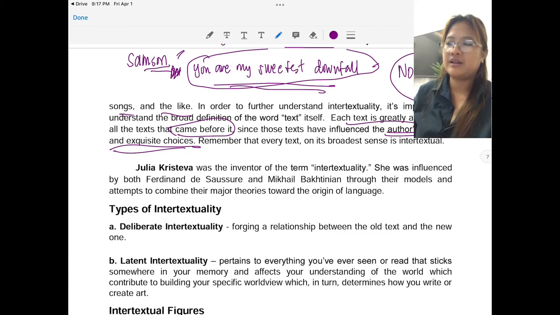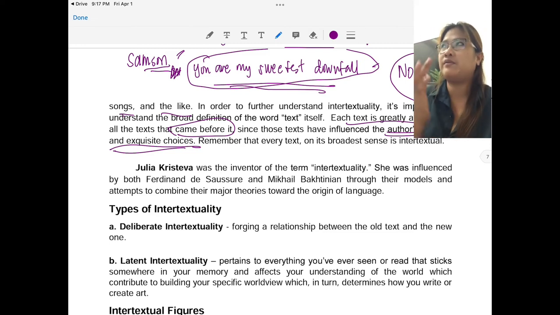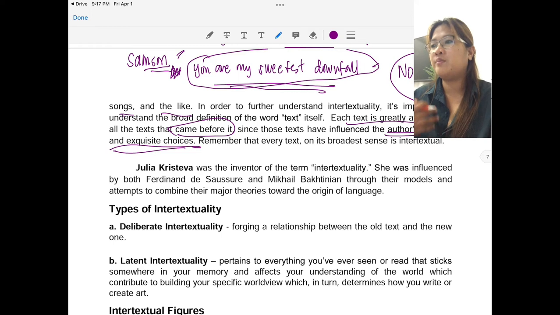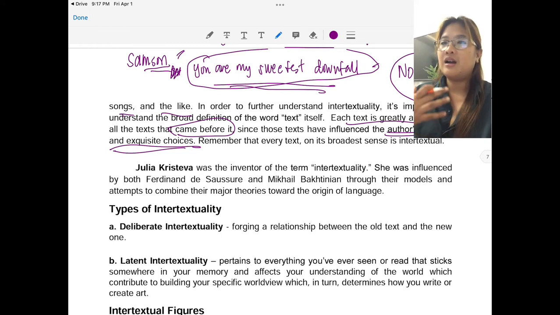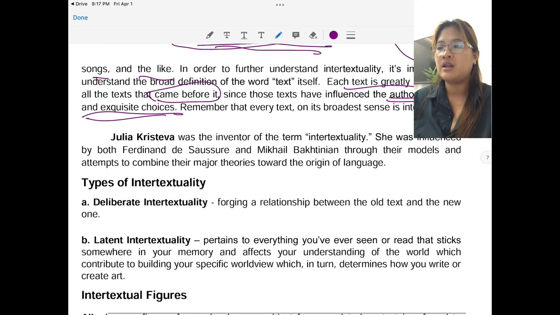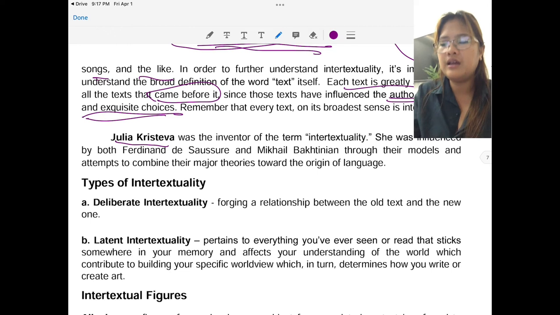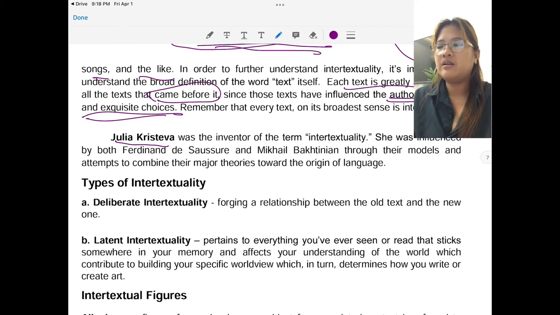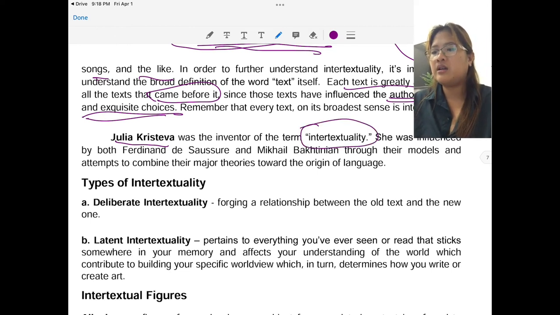Even before a writer becomes a legit writer, I have heard this from real writers. I'm not saying that we have fake ones, but those who have proven their skill in writing, that you really have to read lots of books before you could say that you really are a writer. Okay, Julia Kristeva is the inventor of the term intertextuality.